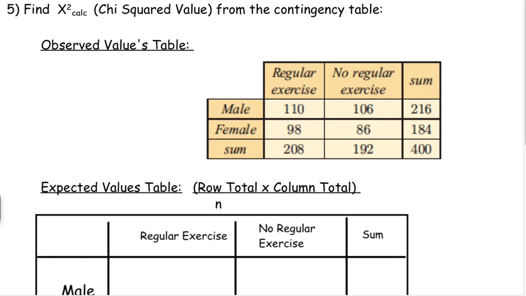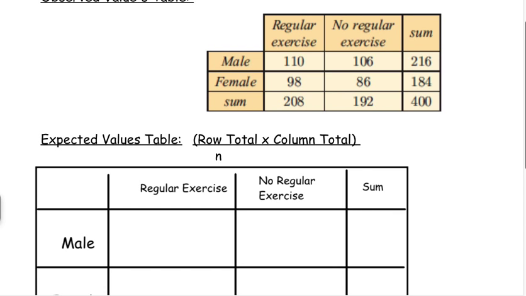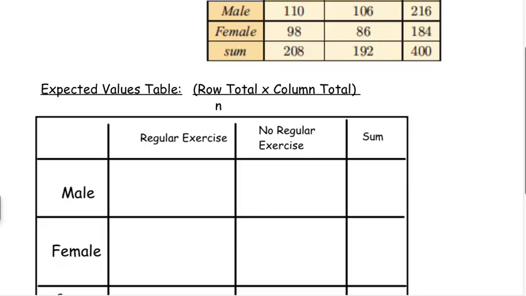All right, moving on to the next slide. Step 5. This is where the fun begins, where we get to calculate that chi-squared value. We've already done this in a previous video, so it shouldn't be quite as difficult. So we have our sums, 216 and 208. Remember, you're taking your row total times your column total.